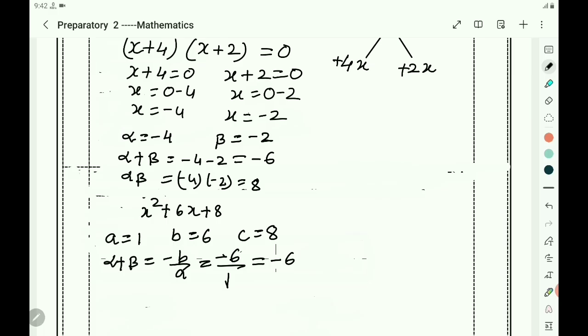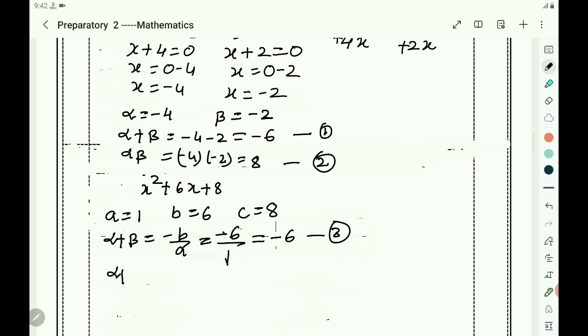Here you consider this is first, this is second, this is third, and you take the next one, alpha beta is equal to c by a. C is 8, A is 1, 8 by 1 equals 8. Consider 4.